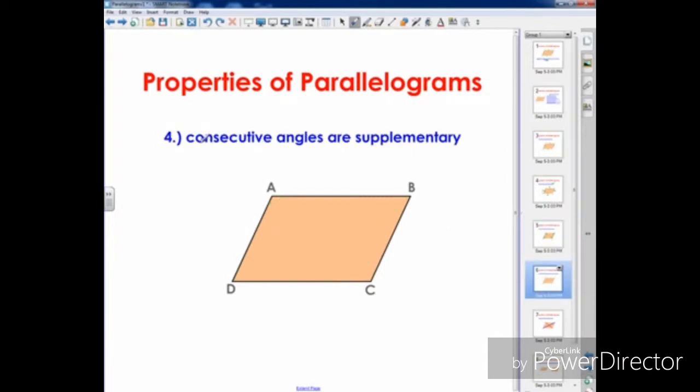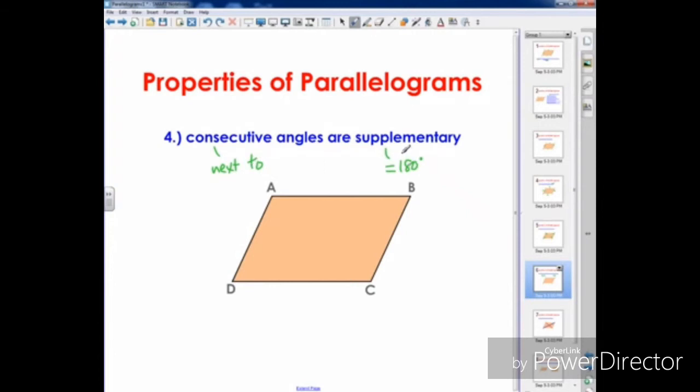Let's proceed to property number 4. Consecutive angles are supplementary. Consecutive means next to, and supplementary means the sum is equal to 180 degrees. The sum of the consecutive angles should be 180 degrees.